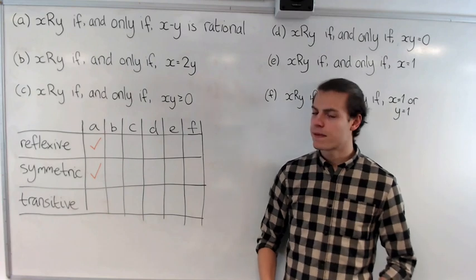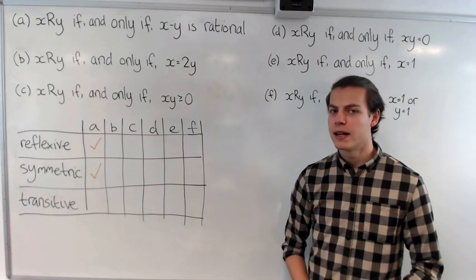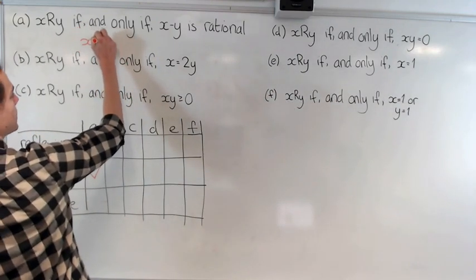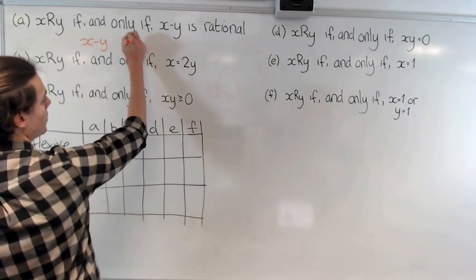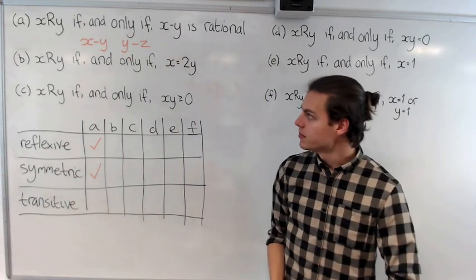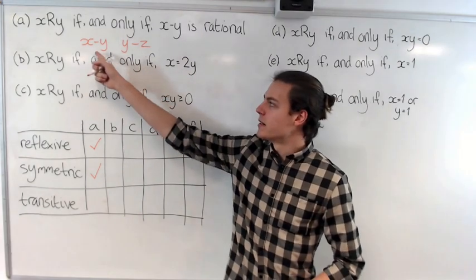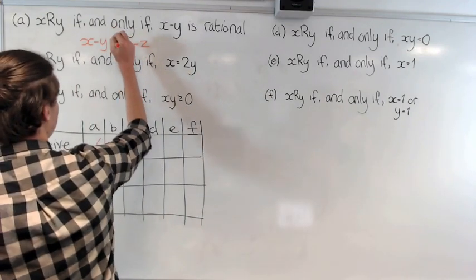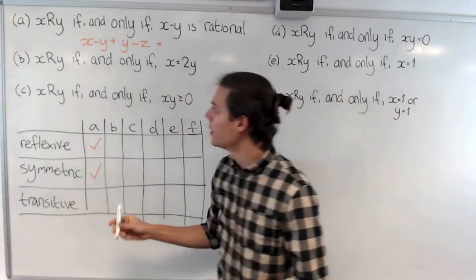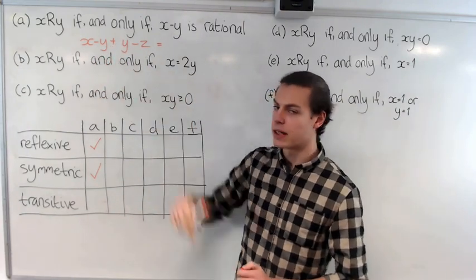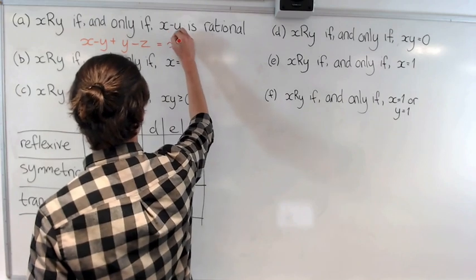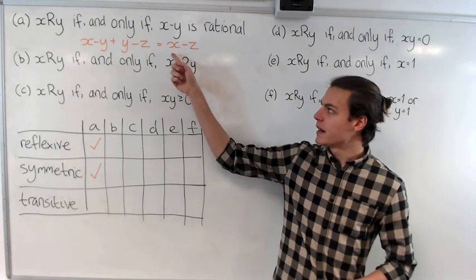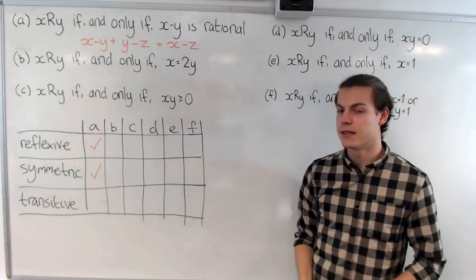Well, if x is related to y and y is related to z, that is, x minus y is rational and y minus z is rational, well, adding these together will give us a rational number. And you see that the y's cancel to give us x minus z. So yes, x is related to z, and so this relation is transitive.